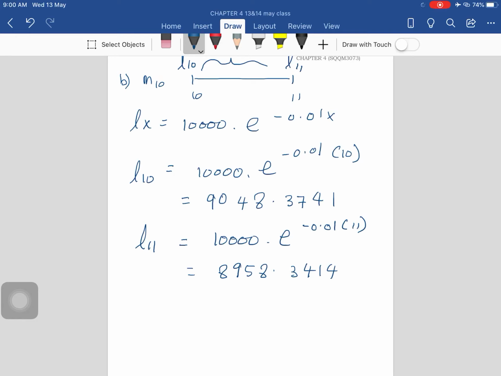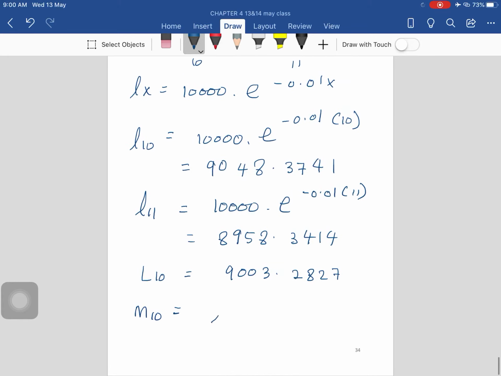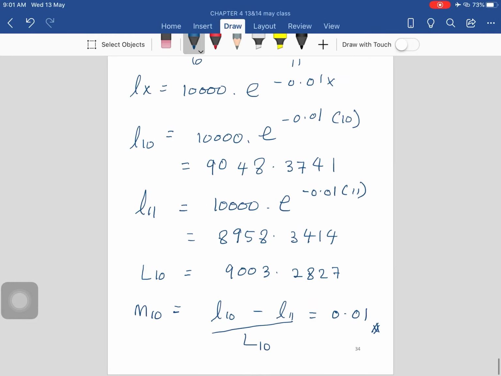The L10 we got from A is 9003.2827. Then we can find the central rate. The central rate is L10 minus L11 over big L10. So the answer is 0.01.